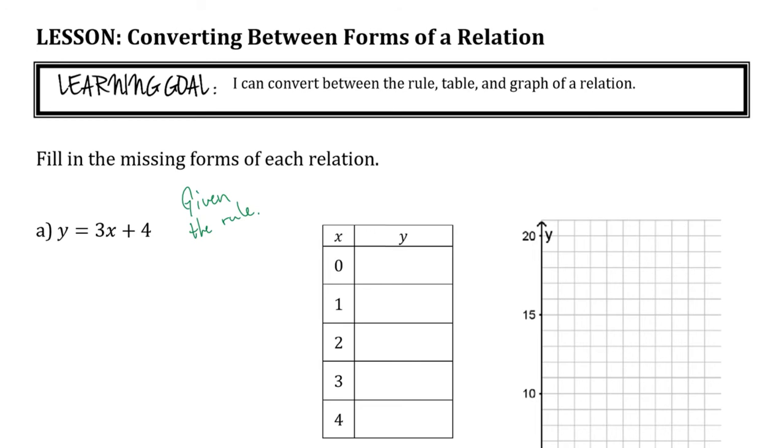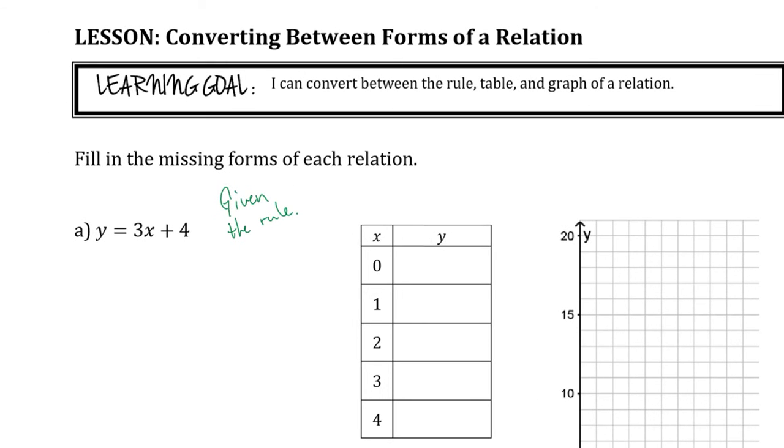And what is the trick that we learned before? We learned that the change is the number that's multiplied by the x, and the start is the number that's all by itself. And even if I wrote this the other way that we've often seen these, 4 plus 3x.